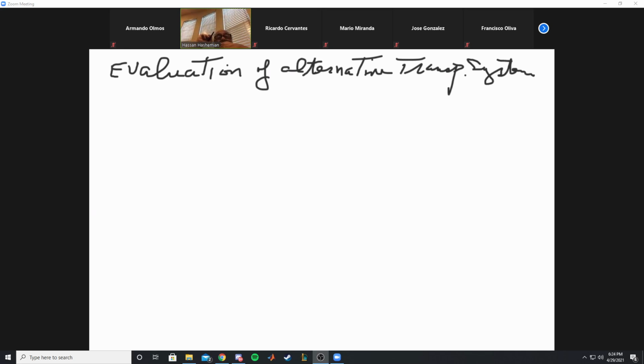Now, this part is pretty much engineering economics. I am assuming that most of you have had an engineering economics class. Is there anyone in the class who has not had engineering economics?